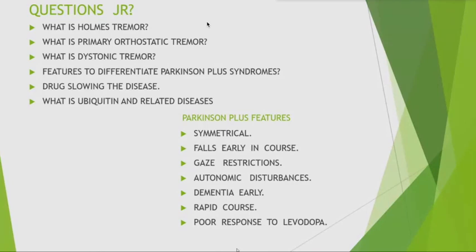Dementia within 1 year of onset of disease is Parkinson plus. That's dementia early, means just 1 year. Rapid course is very characteristic of Parkinson plus. Parkinson's disease may go on for decades, and usually this group of diseases do not respond to levodopa, unlike Parkinson's disease.